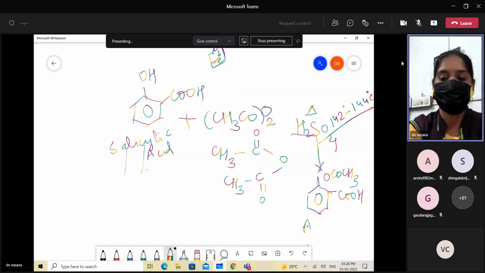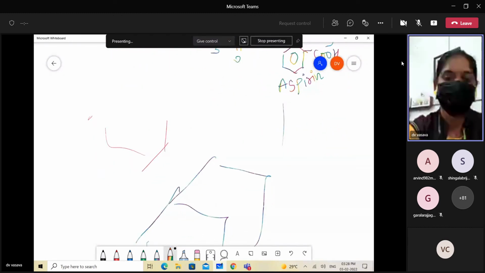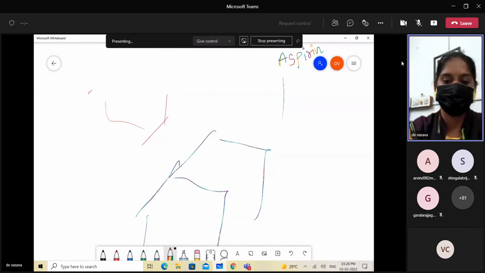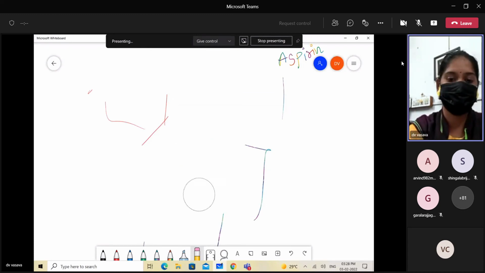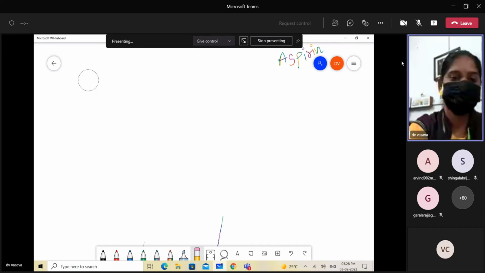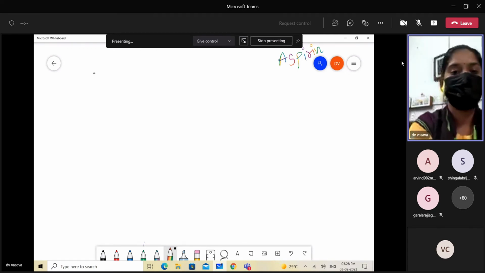It is known as aspirin. So now we will go through the mechanism.